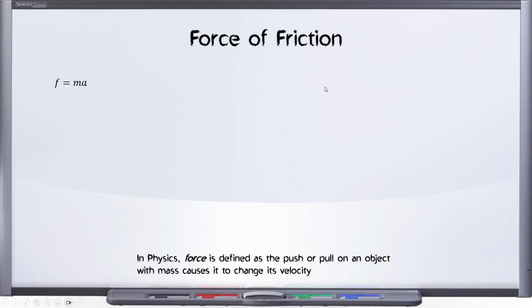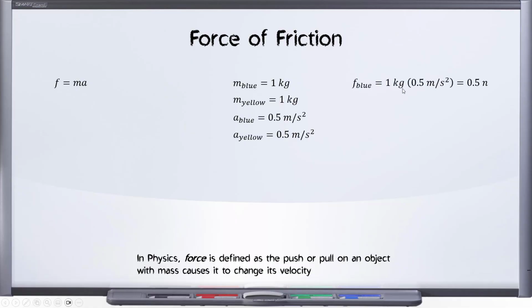But what we did was we observed the object changing its speed. We observed the change in speed, that's right there, and we will quantify the amount of force that means through this equation. Here we go, those are our numbers. Plugging them in. The blue object has 1 kilogram of mass, and we observed 0.5 meters per second squared of acceleration.